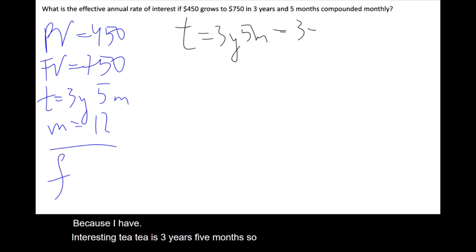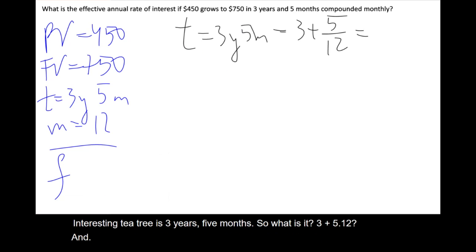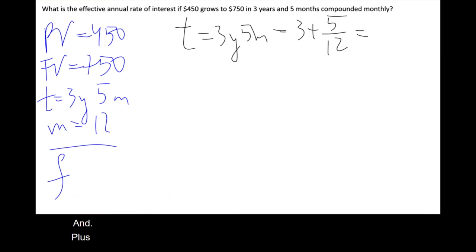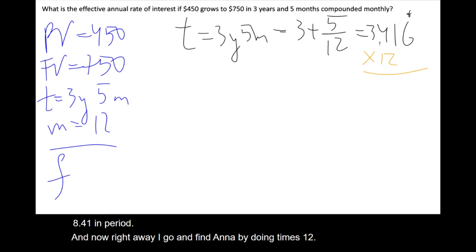So what is it? 3 plus 5 over 12, so 3.416 in period. And now right away I go and find n by doing times 12.